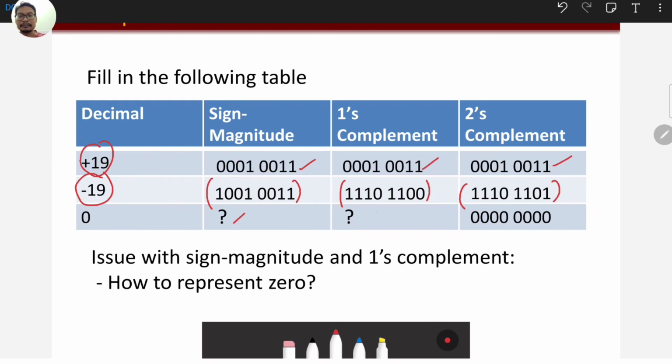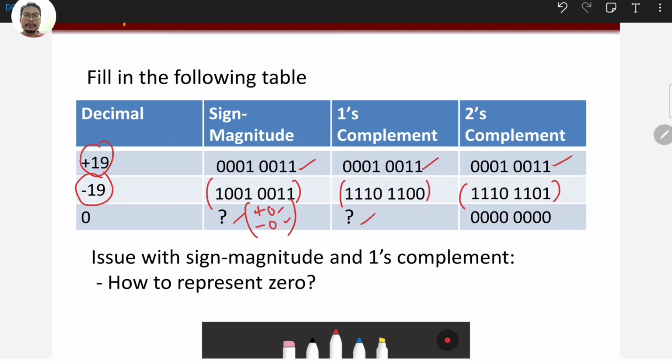And here is an interesting part: how to represent 0 in sign magnitude and 1's complement. To represent 0 in sign magnitude, we can have a positive 0 or a negative 0. I will leave it to you to verify how to represent positive 0 and negative 0, and whether they are the same or not.